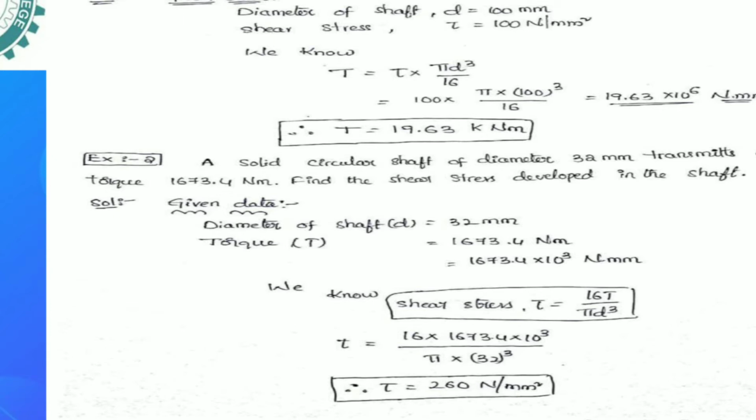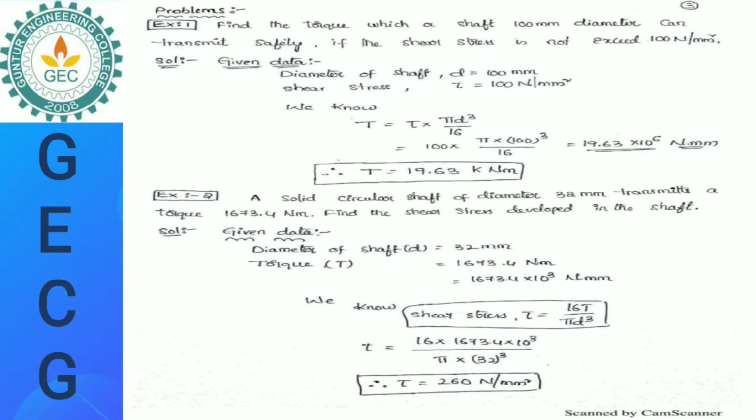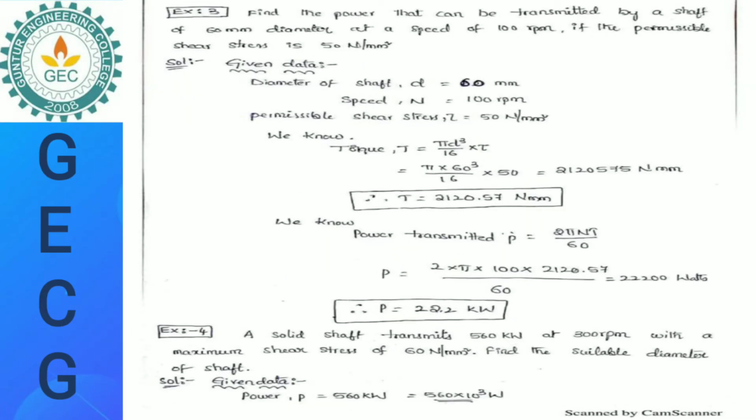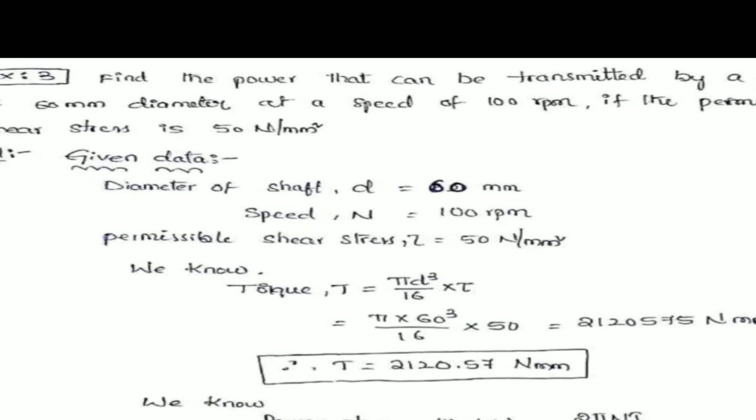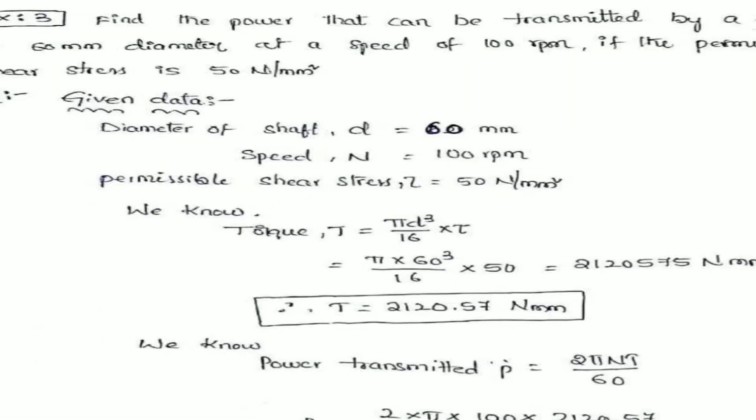Next, problem number 3. Find the power that can be transmitted by a shaft of 60 mm diameter at a speed of 100 rpm if the permissible stress does not exceed 15 Newton per mm square.